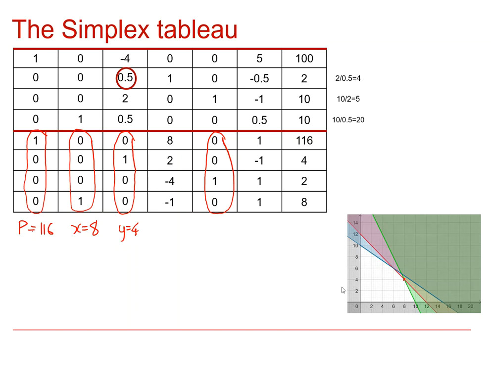So that's the maximum value that P can ever take. And just a reminder about what happened in terms of our interpretations, we started at 0, 0, we moved to this vertex here, 10, 0, and then we moved this way to that one there. And we chose to stop there because there are no negative numbers in the top row.